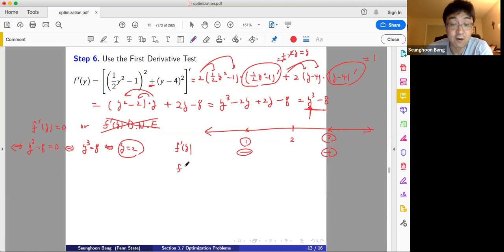So f of y is decreasing and then increasing. We have only one critical number. Graph is decreasing and increasing. So what does it mean? The local minimum is exactly the absolute minimum. So we have the absolute minimum at 2.